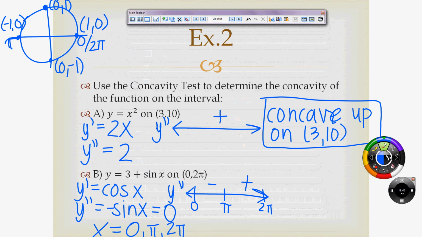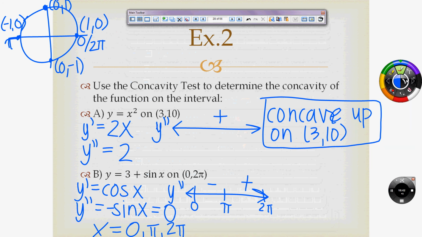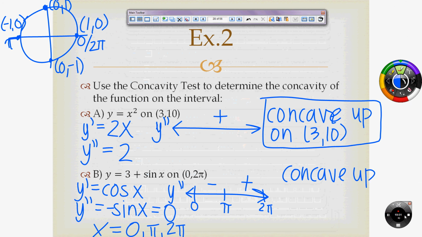Now we just need to describe where it's concave up and where it's concave down. So let's start with concave up. Between what two numbers is it concave up? Pi and 2 pi. And we know that second derivatives with concavity deal with open intervals. So between pi and 2 pi.